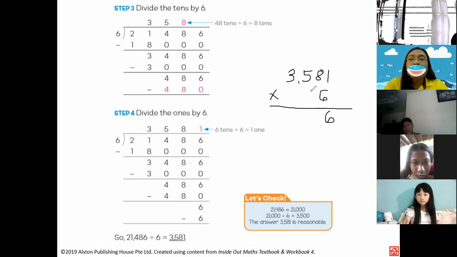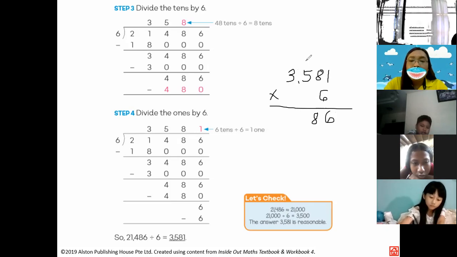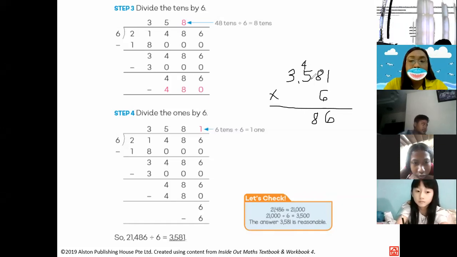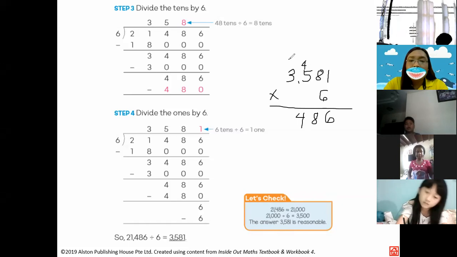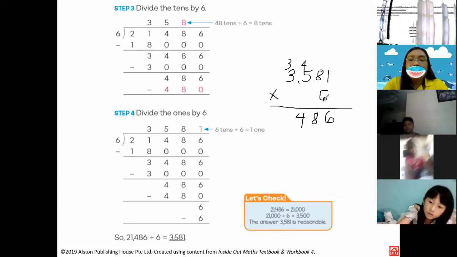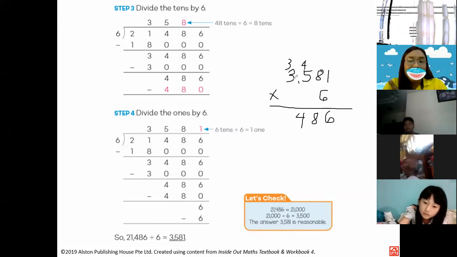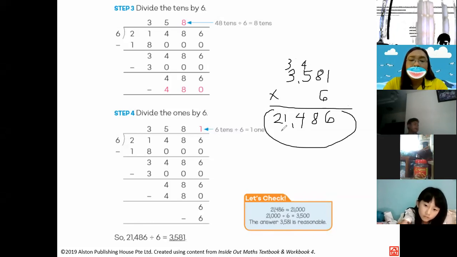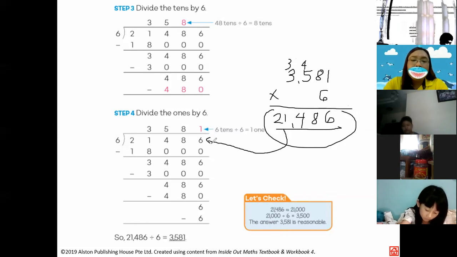Then 6 multiplied by 8 is 48, and we carry 4 over here. 6 multiplied by 5 is 30, plus 4 is 34, and we carry 3 over here. Then 6 multiplied by 3 is 18, plus 3 is 21. So our answer, class, is correct because we got the number that was divided by 6.